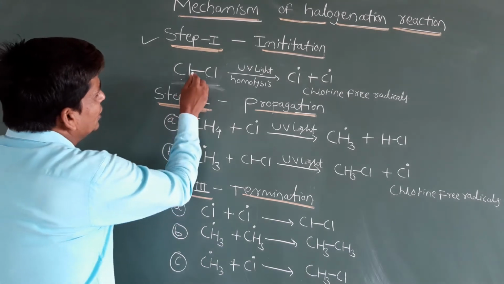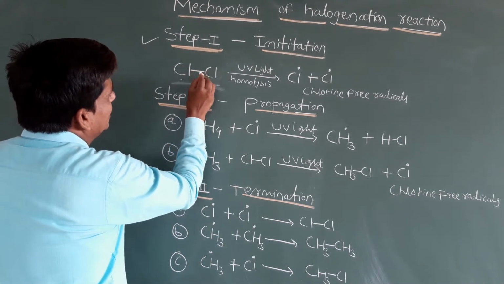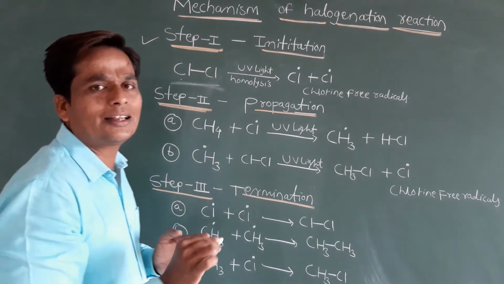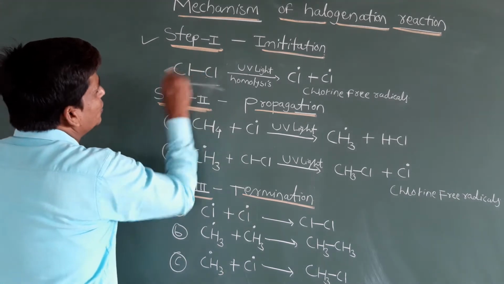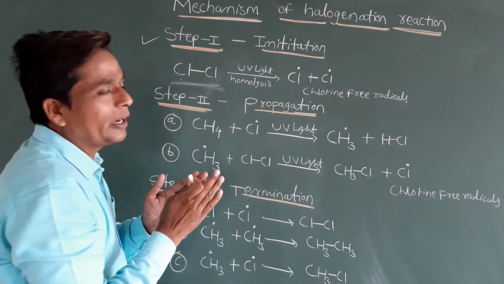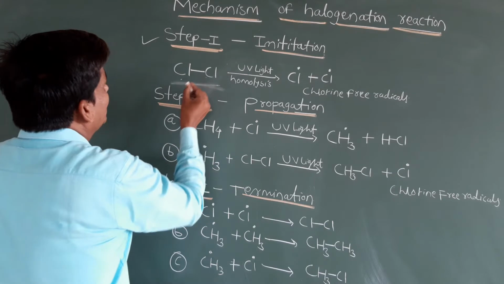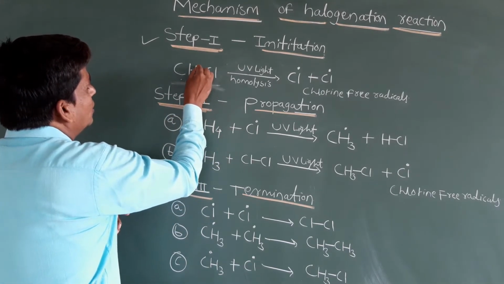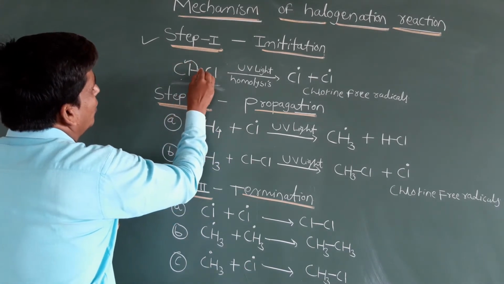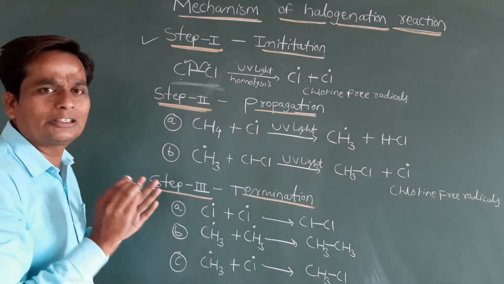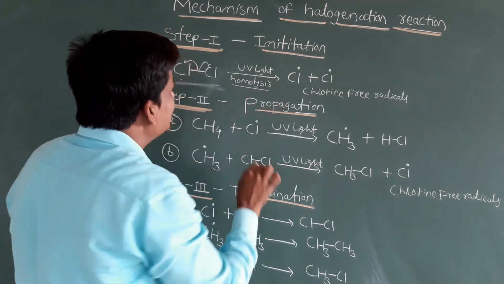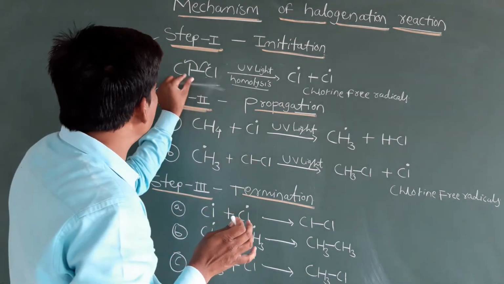You know students, in this Cl single bond Cl, how many electrons are there? Two electrons are present. When it breaks down, the two electrons are shifted equally: one electron shifts toward one chlorine and one more electron shifts toward the other chlorine. Very simple. Homolysis means a symmetrical breaking of a covalent bond.